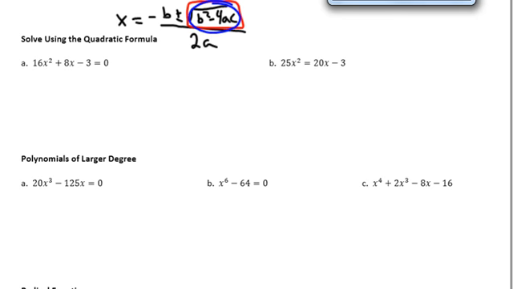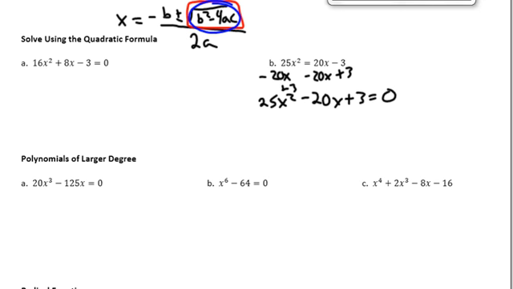And then the last one, I want my a, b, and c, but in order to get them, it needs to be equal to 0, so I have to subtract 20x and add 3 to both sides. So I get 25x squared minus 20x plus 3 is equal to 0.